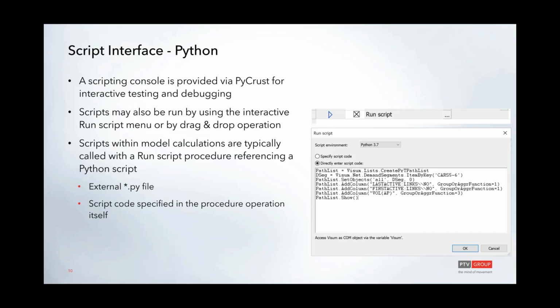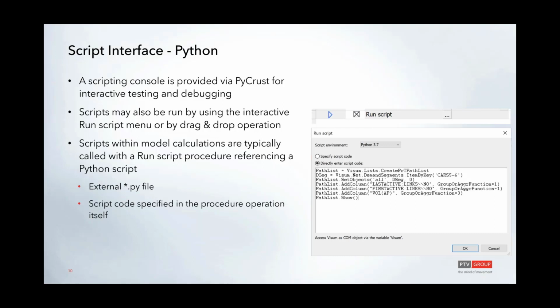Now regarding the script environment in Python, at the moment we are allowing two script environments for Python in Visum. You can use either Python 2.7 or Python 3.7. Going further, we will be removing support for 2.7 and allow you then to fully migrate to 3.7.